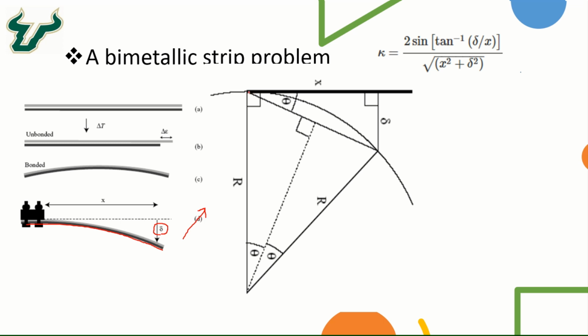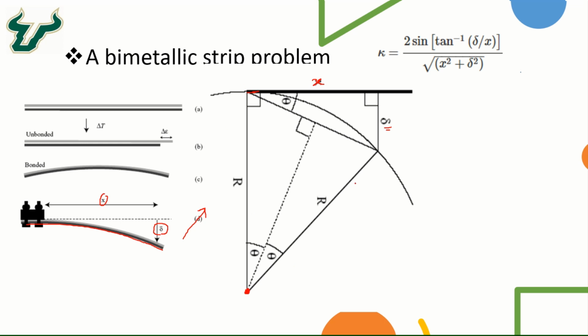This dark horizontal line is the length of the strip, which is x millimeters, and once it curves, we have delta as the deflection. The beam that curves is shown in this arc here, and due to this curving of the beam, you have the radius of curvature, where you can locate the center at some point.